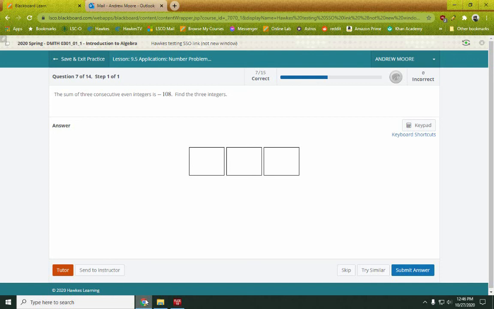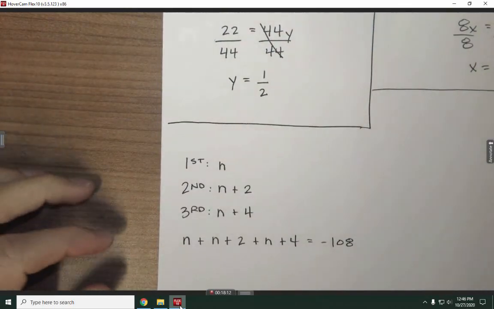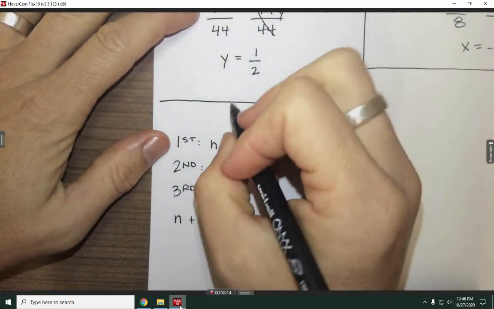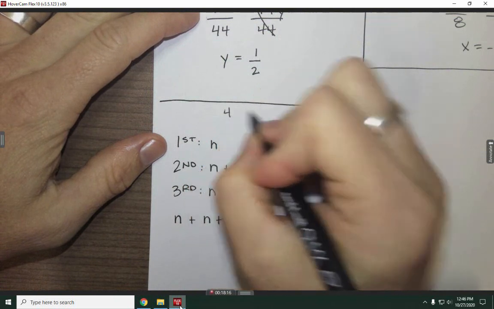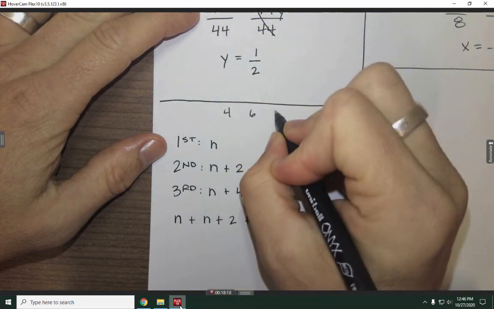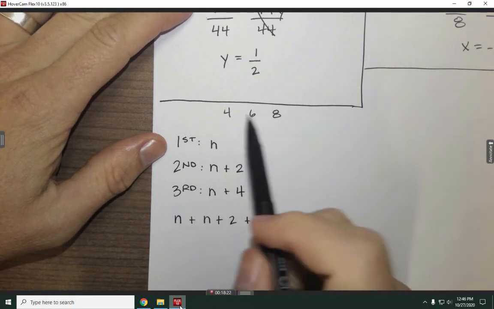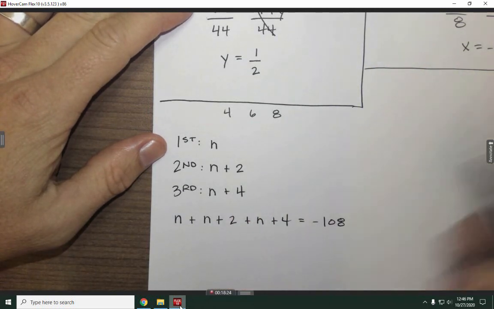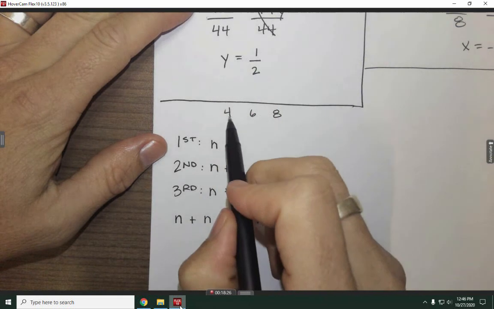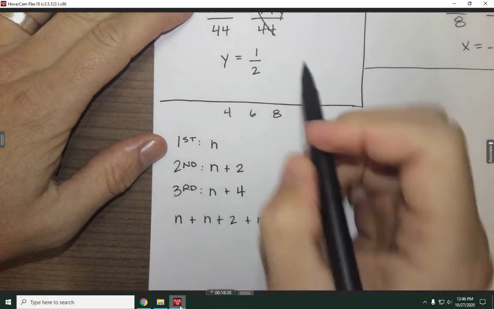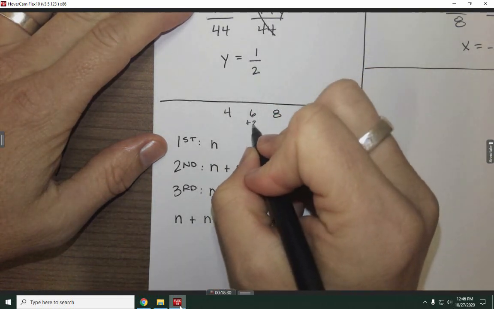The sum of 3 consecutive even integers is negative 108. Find the 3 integers. When we're dealing with even integers, right, this is like 4, 6, and 8. These are consecutive. They come one after another, and they're only even. We're ignoring the odds, right? So you can imagine that to get from this one to this one, we had to add 2.